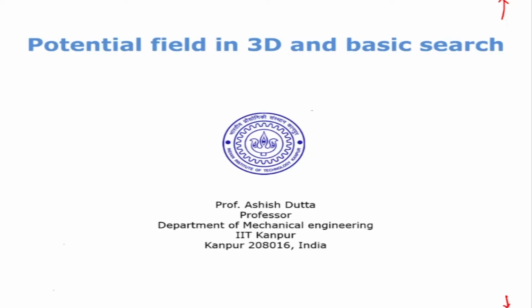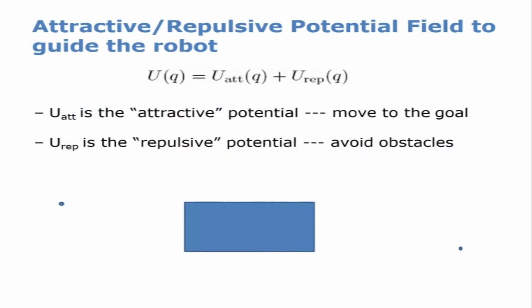Very briefly revising what we did in the last class regarding the potential field method. In the potential field method, we assign attractive and repulsive potentials to the goal, the robot, and the obstacle. So if we have a robot here, an obstacle here, and my goal given here, we assign potentials to guide the robot, avoiding obstacles, to reach the goal.